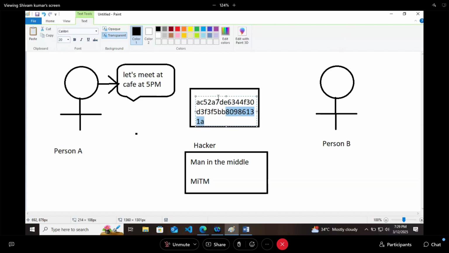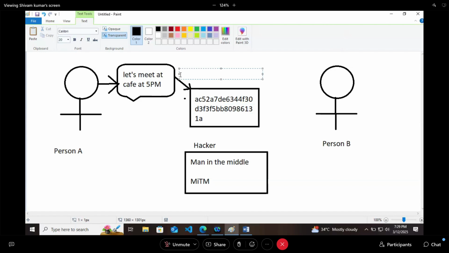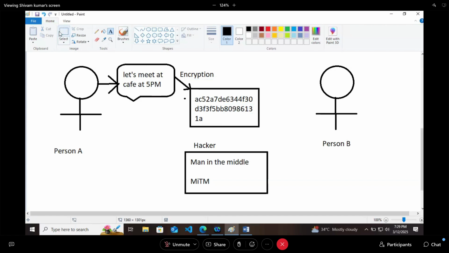So this was one solution that engineers decided, that now we will send the message in an encrypted format. And now this particular process is called encryption.